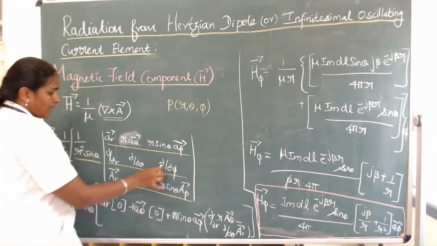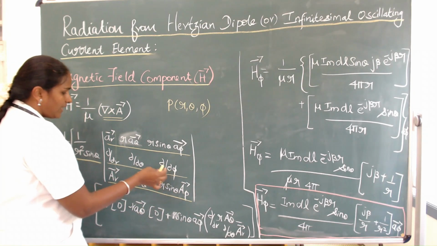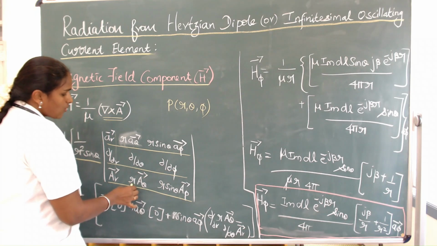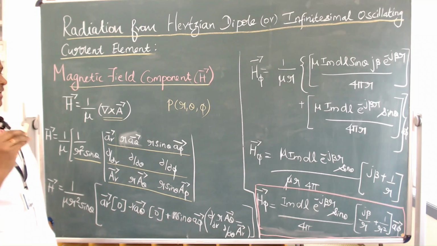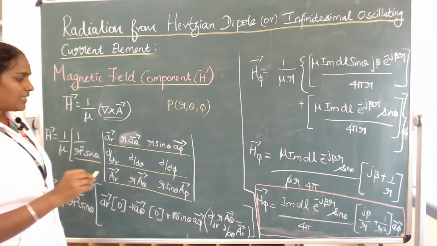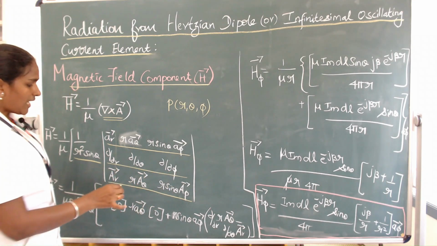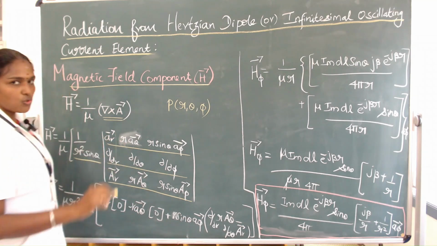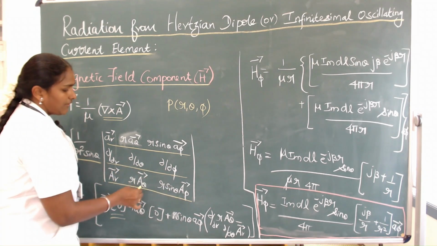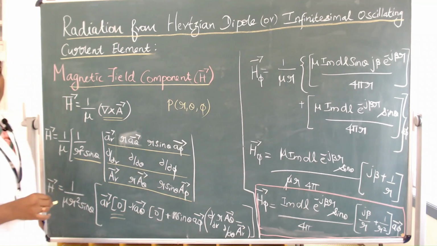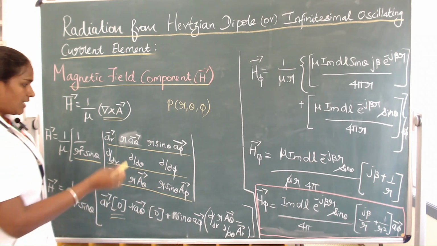Again, if we cross multiply these two terms, dou by dou phi into r A_theta, the A_theta equation does not contain any term involving phi, so this derivative will also be 0. So the first term will be completely 0.